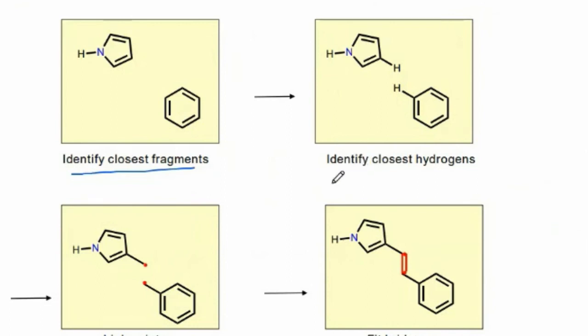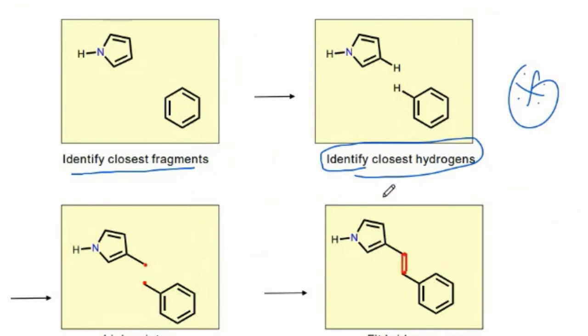And once you have identified the closest fragments, you have to identify the closest hydrogens, which is very important. While doing the practical, you have to consider all this, right? So which two fragments have to be connected? The two fragments which are very close to each other. How to make a connection between them?